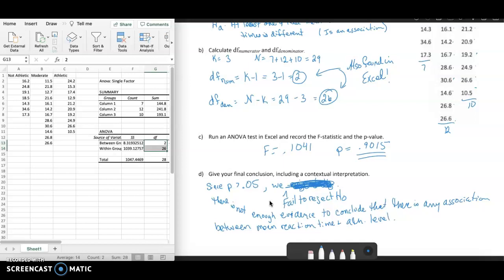And we could just leave it at that. You don't have to write your conclusions in multiple different ways if you don't want to, but we definitely failed to reject that null in this case, so we did not find any evidence of that alternate hypothesis.